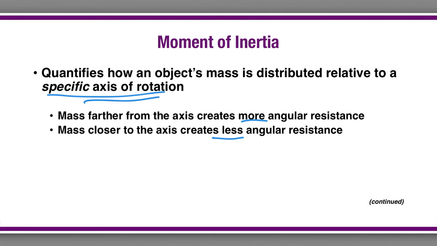If you think about our torque equals force times moment arm situation, it's pretty similar in that a longer moment arm is going to allow for more torque if force remains the same, while a smaller moment arm is going to render a lower amount of torque if force remains the same. If you try to think about it that way, that might be easier, but this is an important concept to remember: mass distance from an axis of rotation is going to have a large effect on angular resistance.